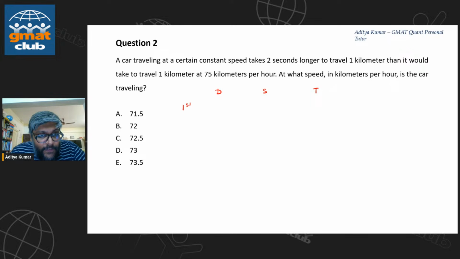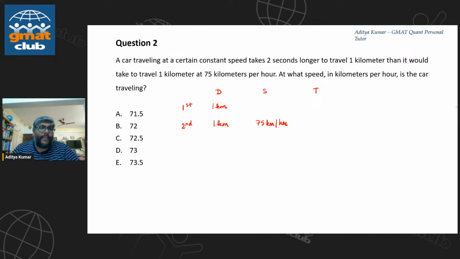What is the first scenario that I have? A car traveling at a certain constant speed takes 2 seconds longer to travel 1 kilometer. So my distance is 1 kilometer. It takes 2 seconds longer than what? Than it would take to travel 1 kilometer at 75 kilometers per hour.